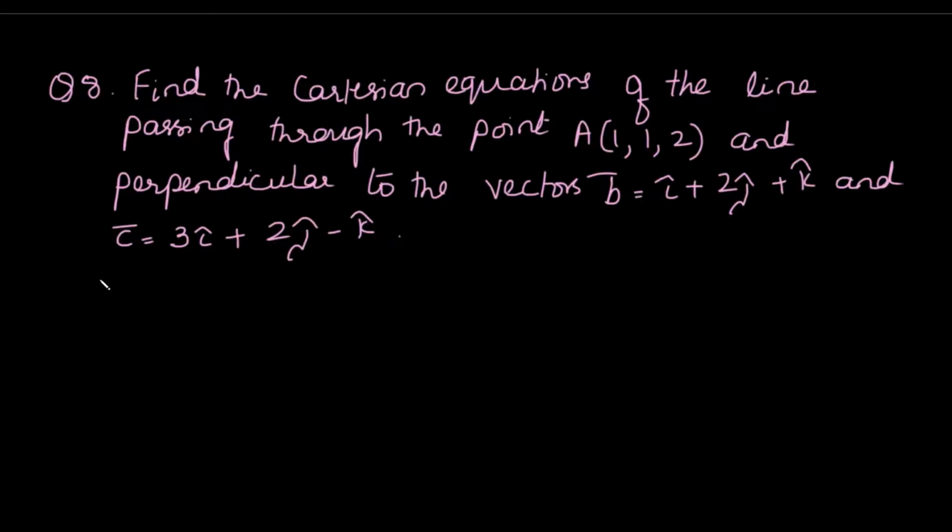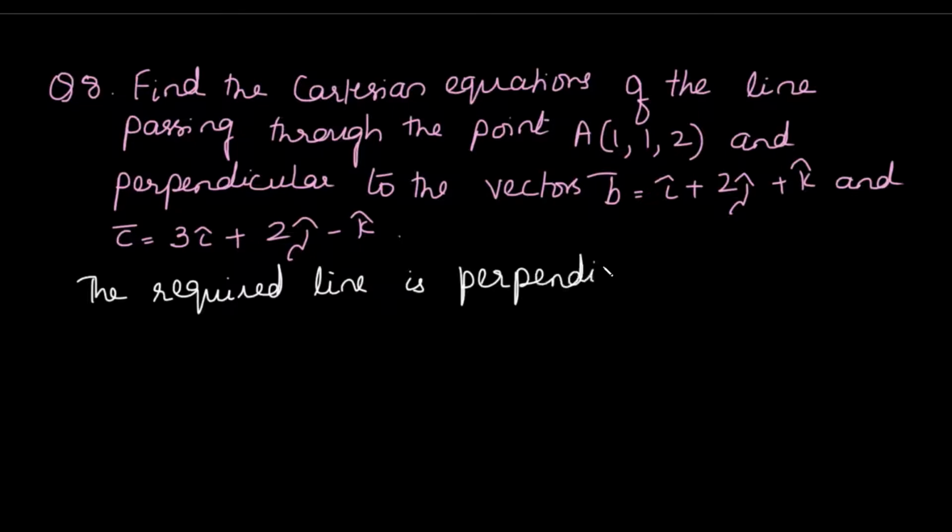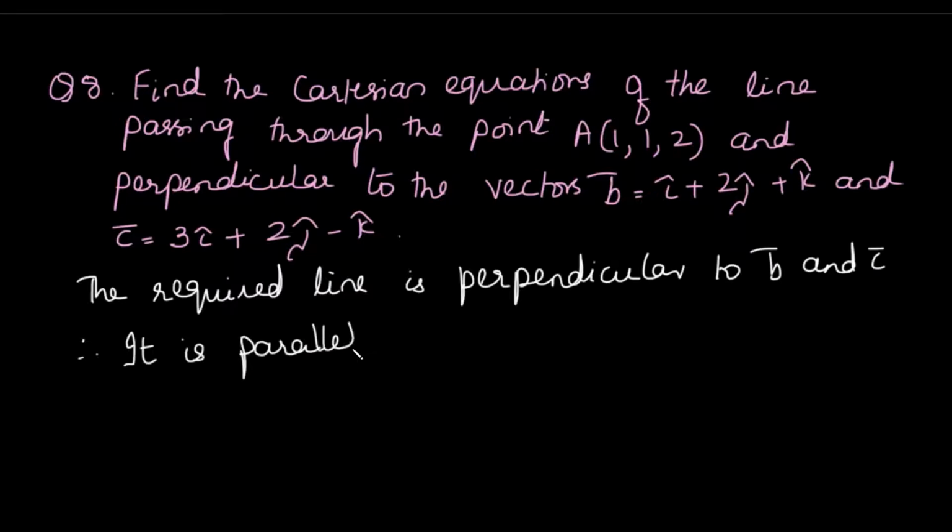Now the required line is perpendicular to vectors B and C, and therefore, as we have learned earlier, it is parallel to B cross C.